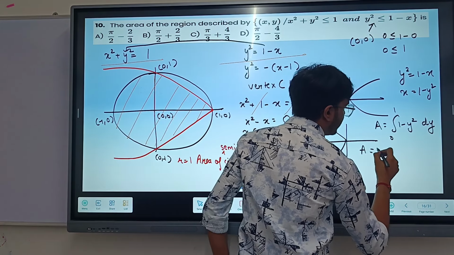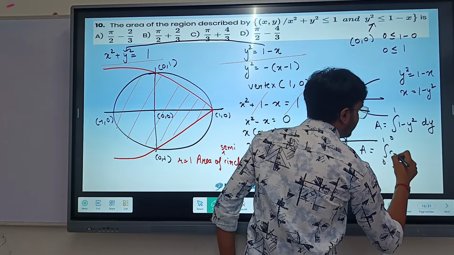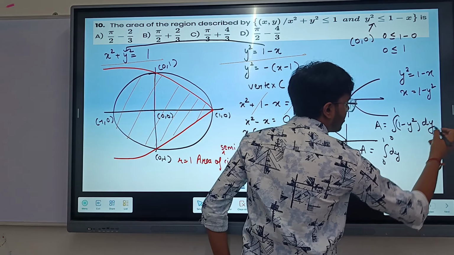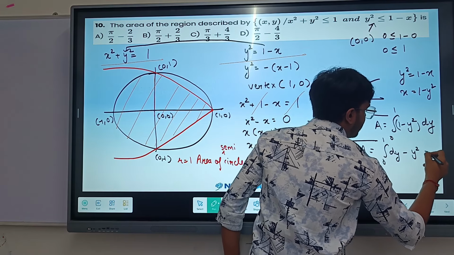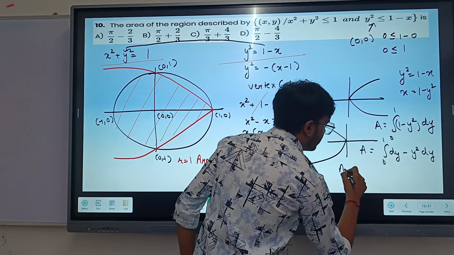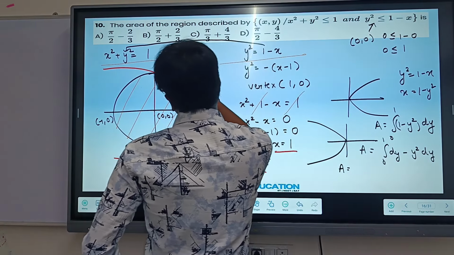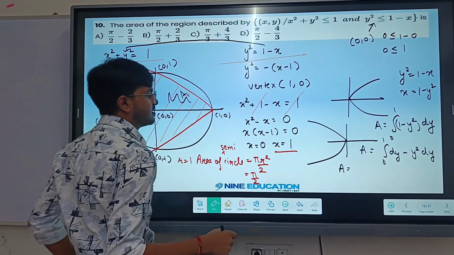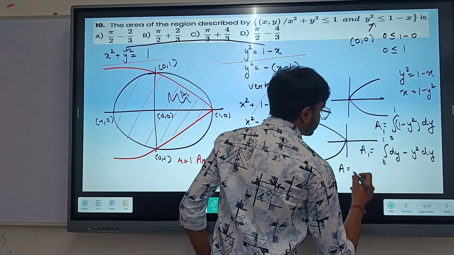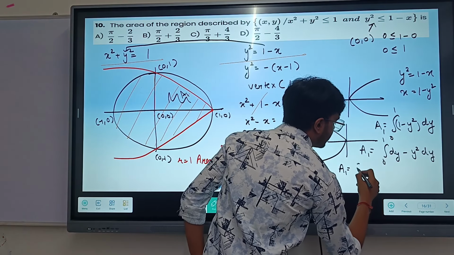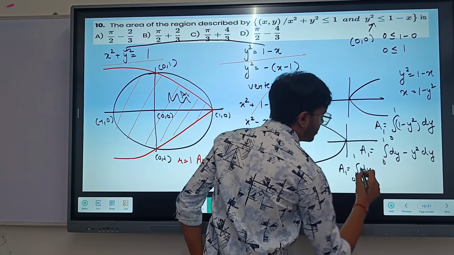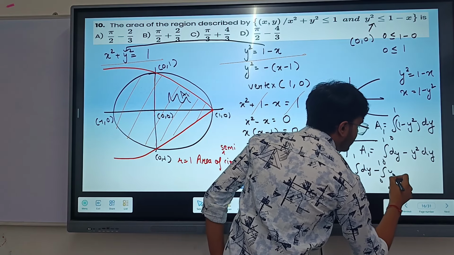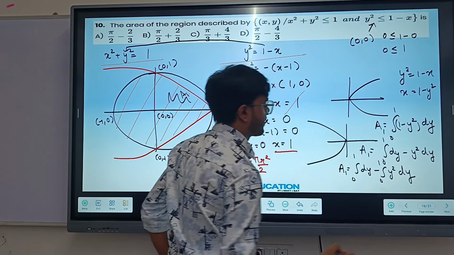So area would be integration 0 to 1, 1 minus y square, 1 into dy minus y square dy. Let's say this area is A1. So area A1 would be integration of dy from 0 to 1 minus integration 0 to 1 of y square dy.